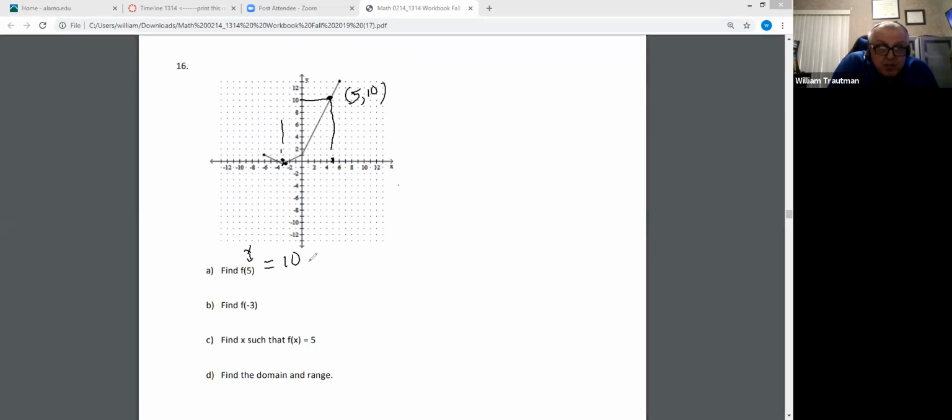It's hard to see, but I think it's -1/2. It doesn't quite go to -1. The coordinate is -3 on the x, but the y value looks like -1/2.